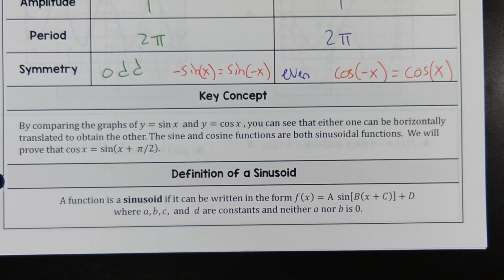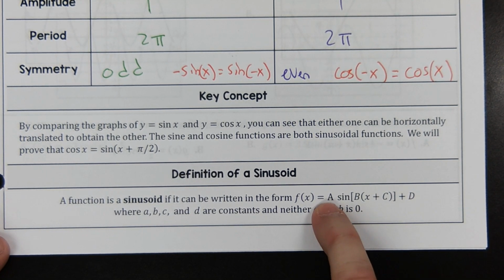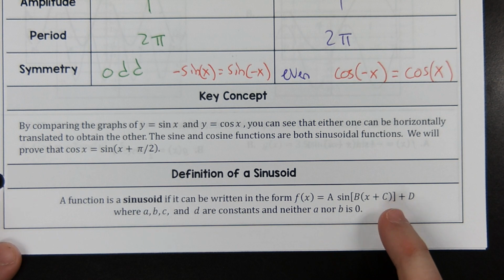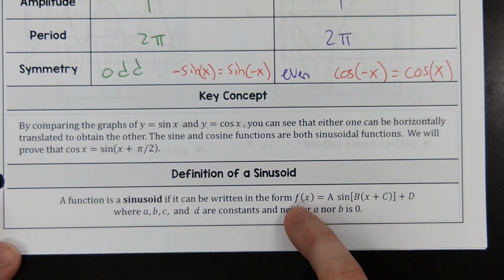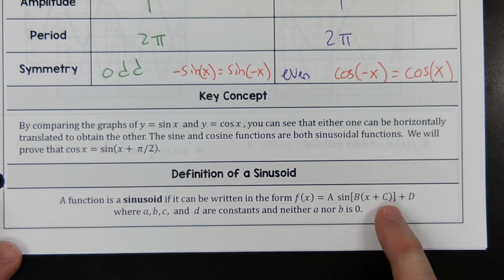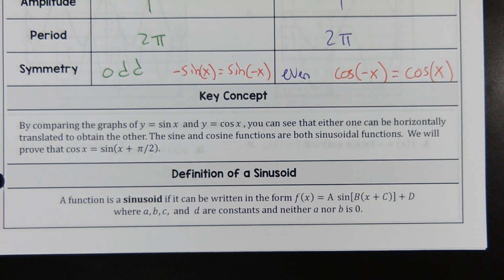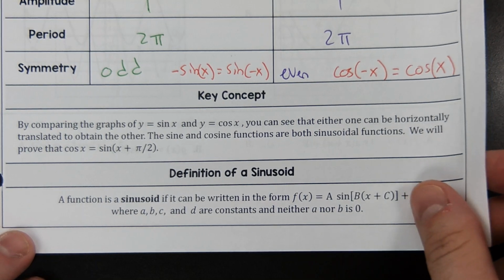So transformations that you're used to seeing. Obviously you can't have either of your A or B be equal to 0, because if A was 0, you'd just have y equals 0, and if B was 0, you'd have y equals A times sine of 0, which is 0 again. So if either A or B was 0, you'd have y equals 0. So that's why that can't be. But they could be any other numbers as long as they're real.